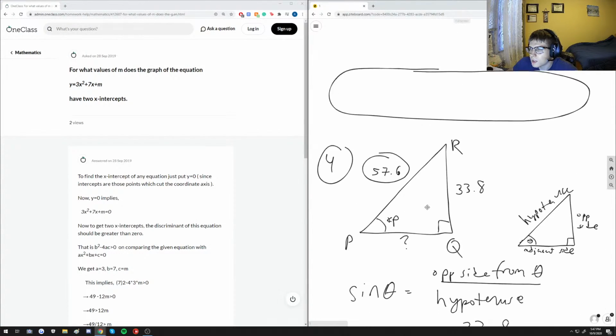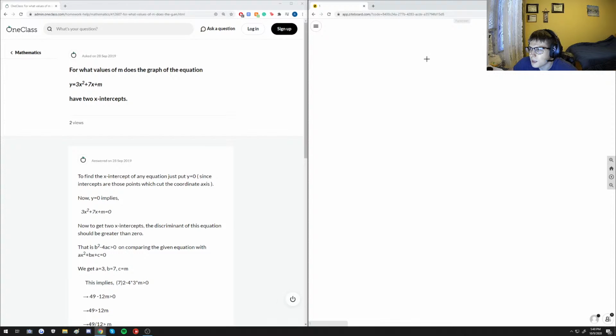Okay, so number 5 right here. For number 5, what values of m does the graph of the equation y equals 3x squared plus 7x plus m have 2 x-intercepts? So we're going to have y equals 3x squared plus 7x plus m.